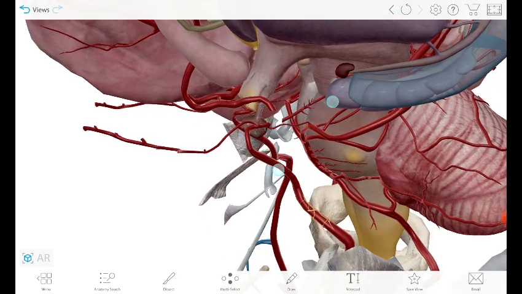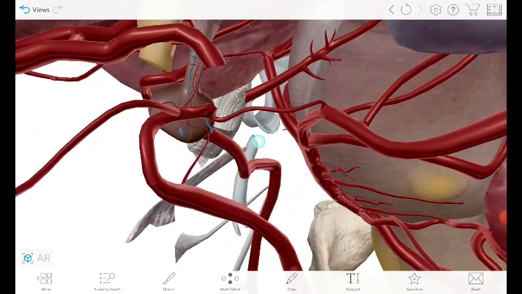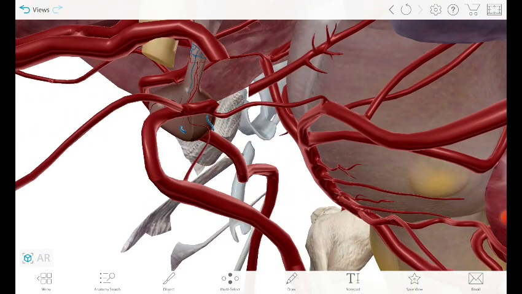Now it also gives off the posterior communicating artery. So we can see one artery which is arising from the internal carotid, and it is going posteriorly and joining to this artery, which is the posterior cerebral artery. So this is known as the posterior communicating artery, and it is connecting the anterior circulation formed by the internal carotid arteries to the posterior circulation formed by the vertebral arteries.